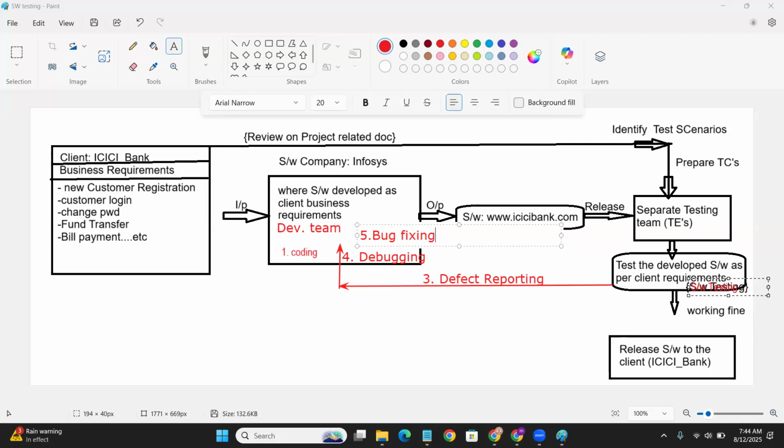It is called bug fixing or bug resolving. After the bugs are resolved, the development team releases the modified application again to the testing team. This is the process.